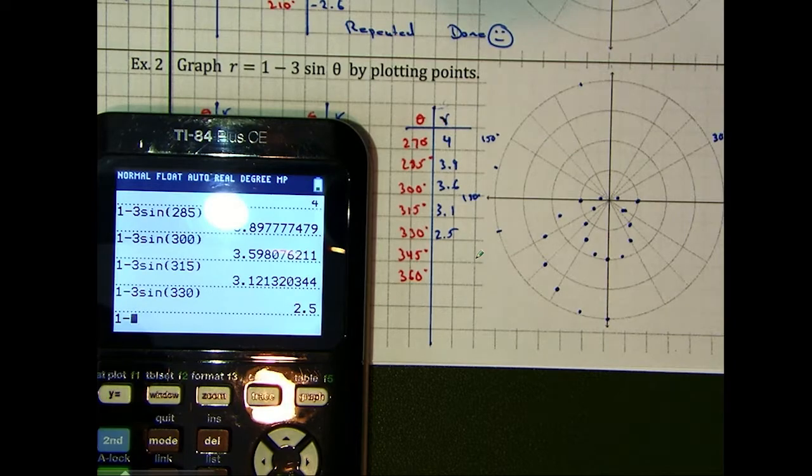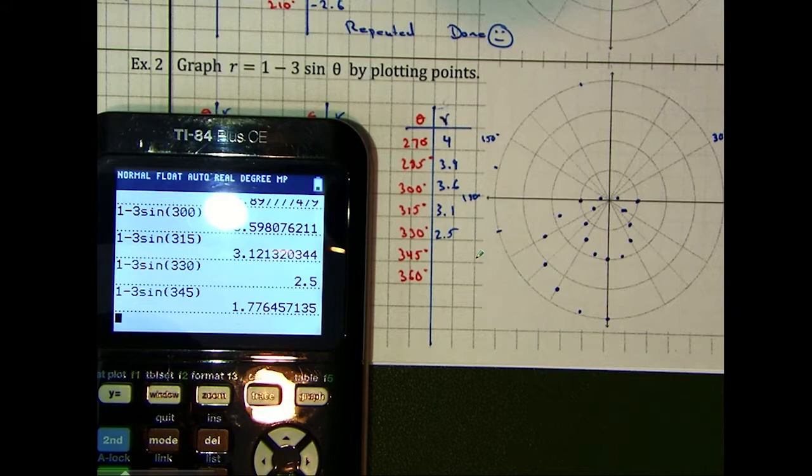I hope you guys are doing it with me, not just waiting for me to do all the work. 1.8. 1 minus 3 sine of 360 should be 1.